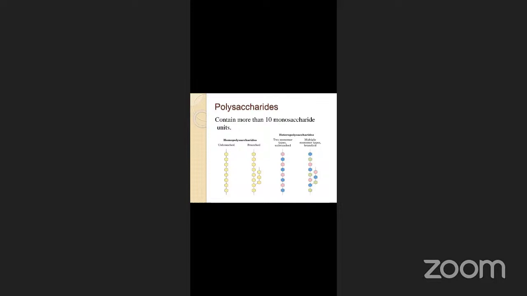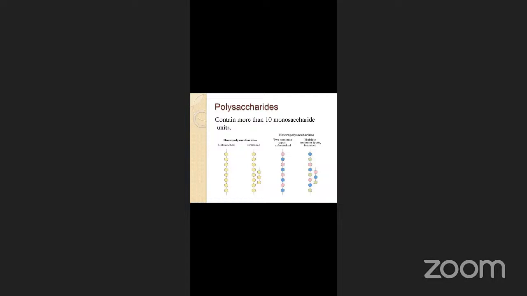Then we have polysaccharides. Oligosaccharides are between 2 to 10 carbohydrates, so anything more than 10 monosaccharide units is called a polysaccharide. Here again you have homopolysaccharides and heteropolysaccharides.